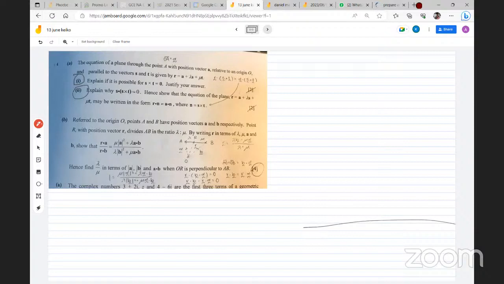Should I be multiplying by the mod of AB or just AB? Sorry, let me clarify that. The equation that I'm writing right now, sorry, my Jamboard is going down a bit. Cosine theta times AB equals length of projection.